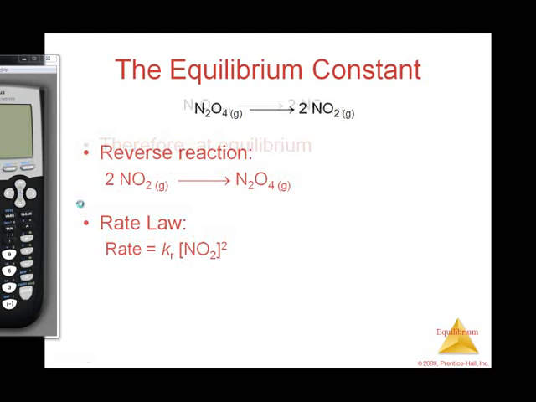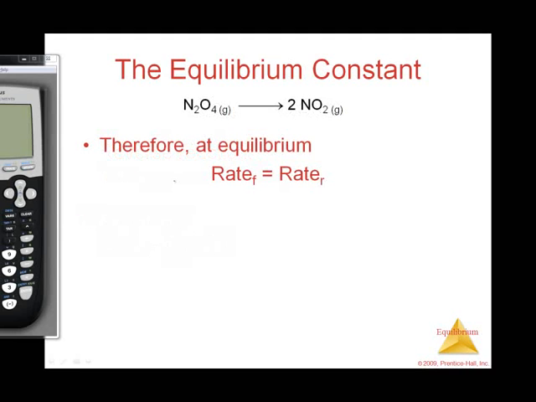Now if I take those two together, at equilibrium, what I'm saying is my forward rate and my reverse rate are the same, which means my rate expression is the same for the forward and the reverse. They're equal. Okay?